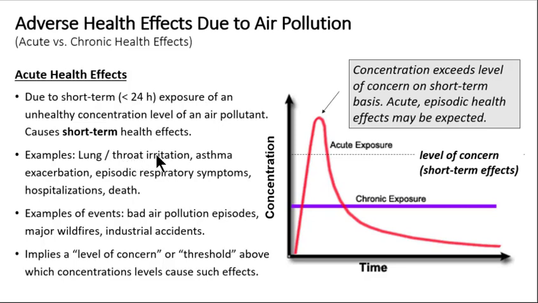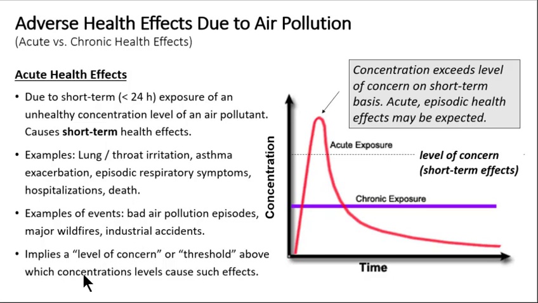Examples are lung and throat irritation, asthma exacerbation, episodic respiratory symptoms, hospitalizations, or even death if concentrations are very high. Examples of events that lead to acute air pollution health problems are bad air pollution days or events, major wildfires, or industrial accidents that happen rarely but do occur.